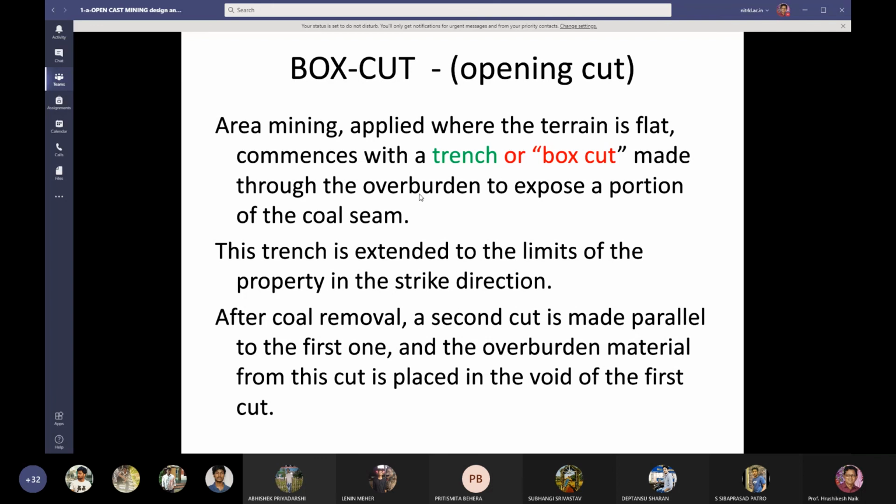The box cut is the initial cut which is driven to reach the mineral deposit. For opening the mine, the opening cut is called the box cut. Somewhere you have to strike the ground to start your mining operations. The place where you cut the surface is called the box cut. So next class we will discuss this box cut.